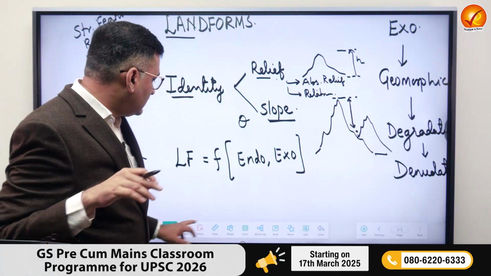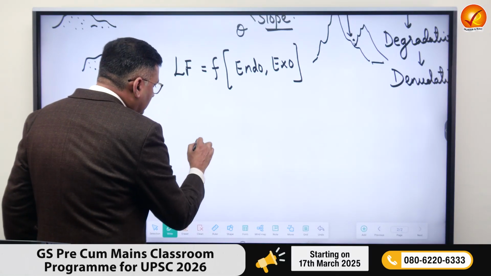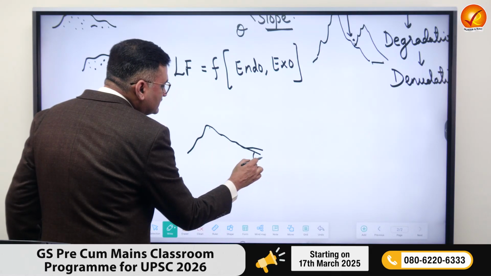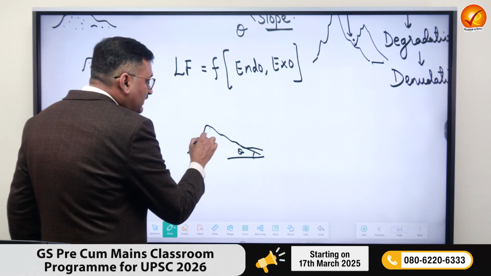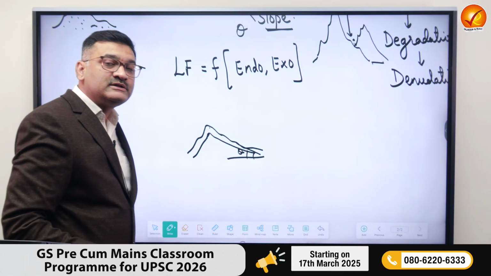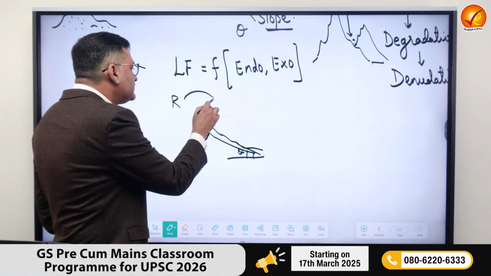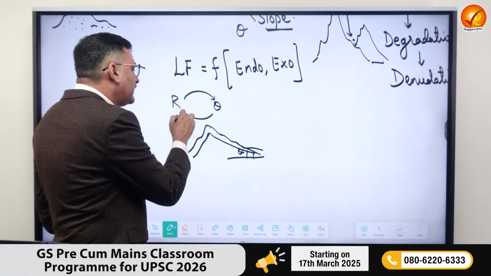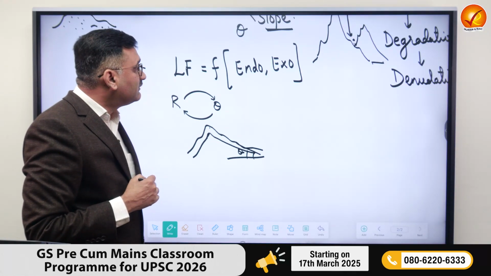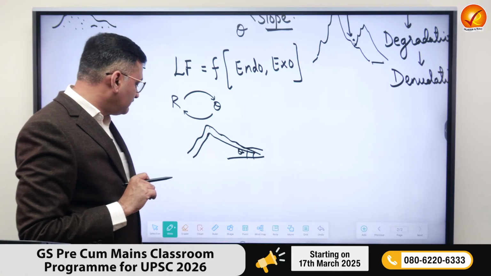Suppose this is one landform, a hill, and it has its inclination, this is the inclination theta. If the height of this landform is decreasing, obviously the angle of inclination also will get modified. Therefore, relief affects theta and theta affects the relief. So these two are interrelated. This is the fundamental aspect of landform.